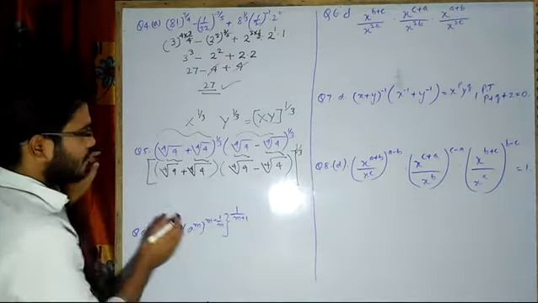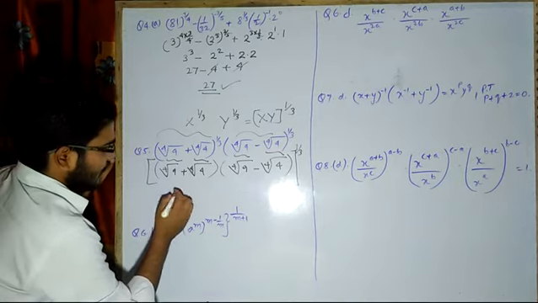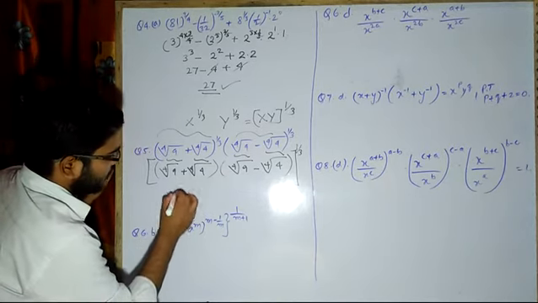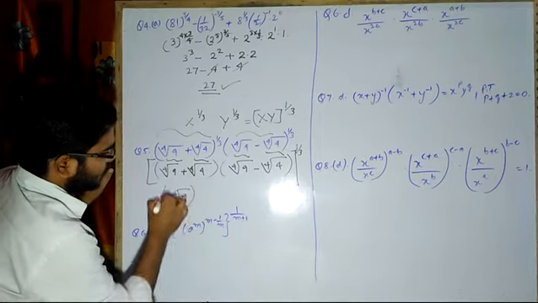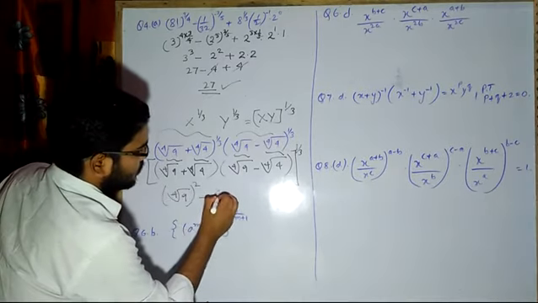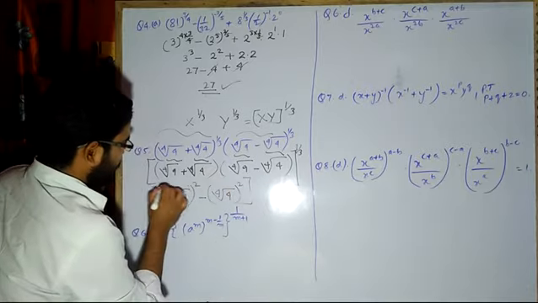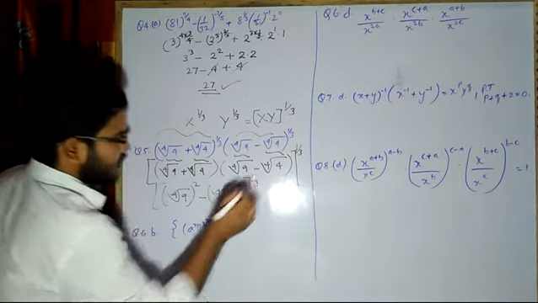So A plus B into A minus B will be equal to A square minus B square. So we are having 4th root of 9 whole square minus 4th root of 4 whole square, and this will be equal to raised to the power 1 by 3.